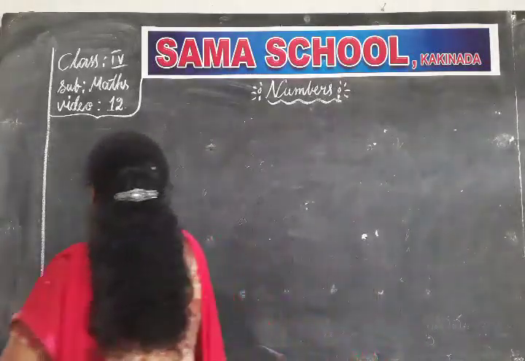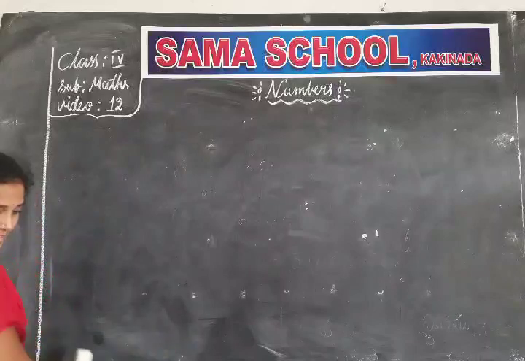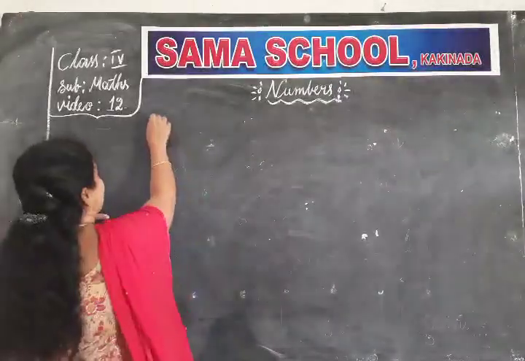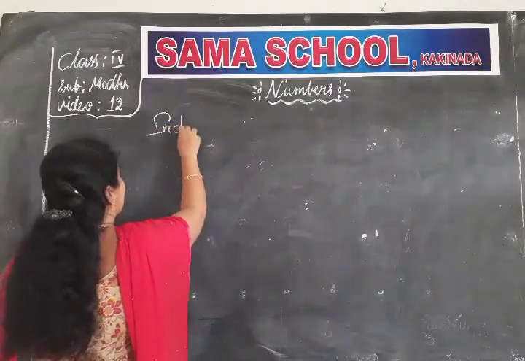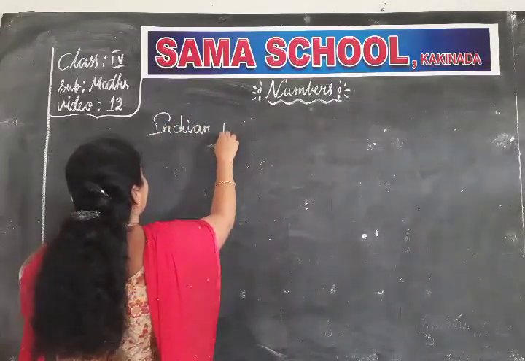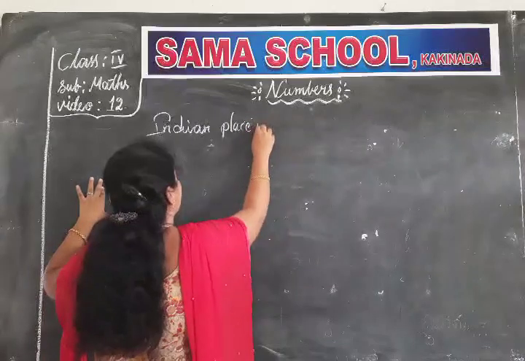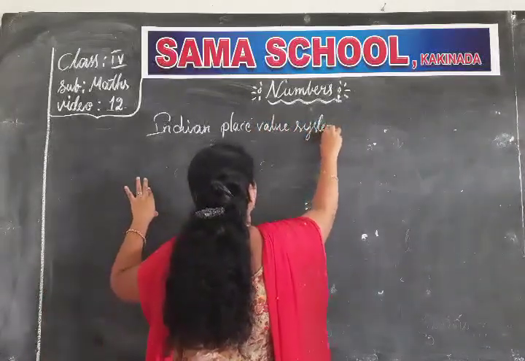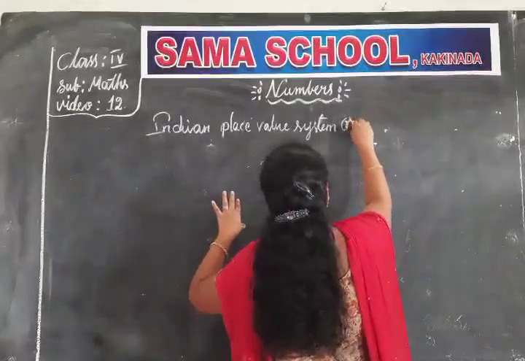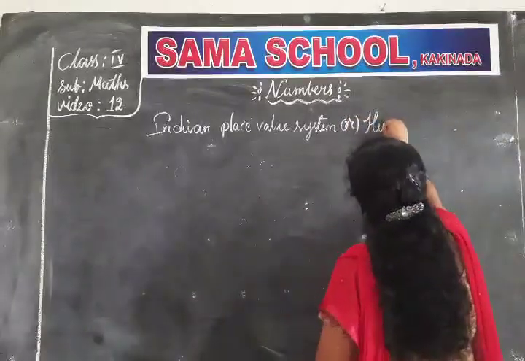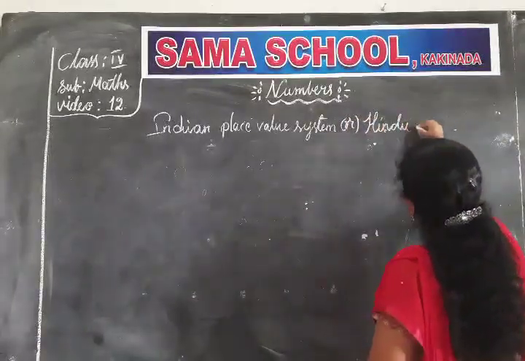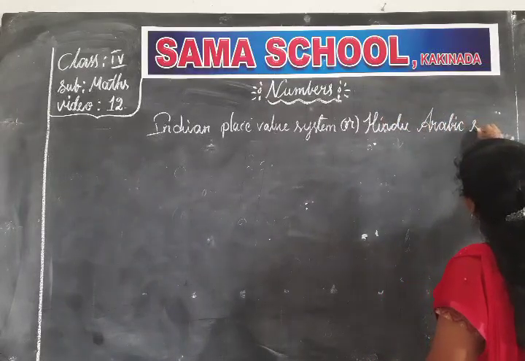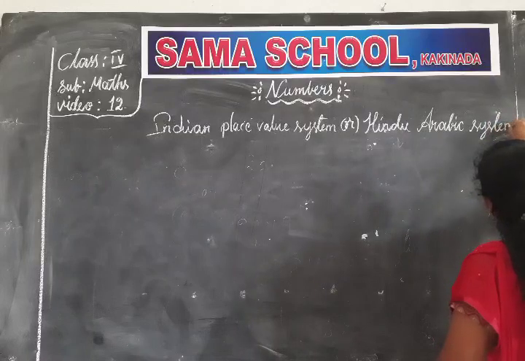Yes. The Indian system has totally 9 places. The Indian place value system is also known as the Hindu-Arabic system.